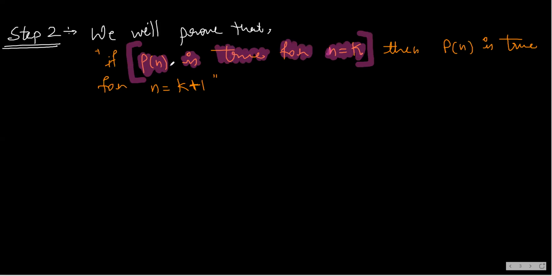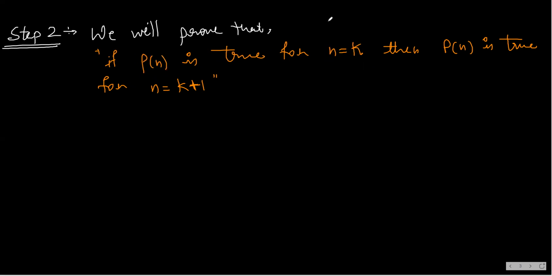You will first assume that it is true for n equals k. I repeat again and again, you will assume that P of n is true for n equals k.